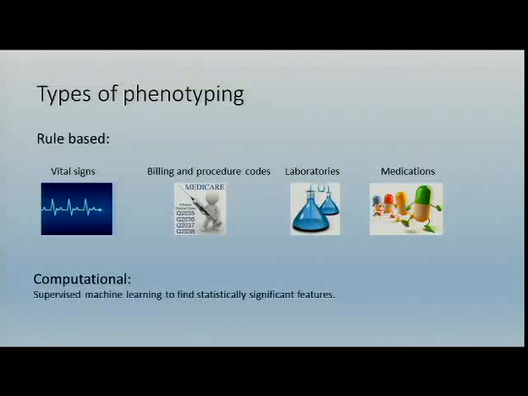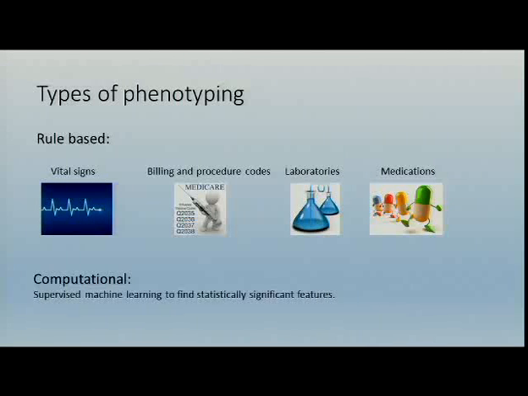That would be a rule. So a constellation of elements, such as vital signs, billing codes, laboratories, and medications are some of the common ones. Those are some of the common structured ones, but then you have natural language processing, which is a method to generate structured data that also can be used in rule-based approaches.